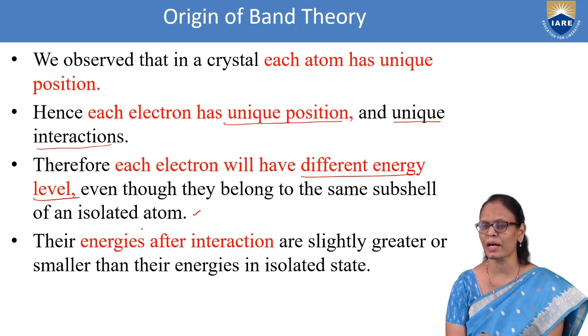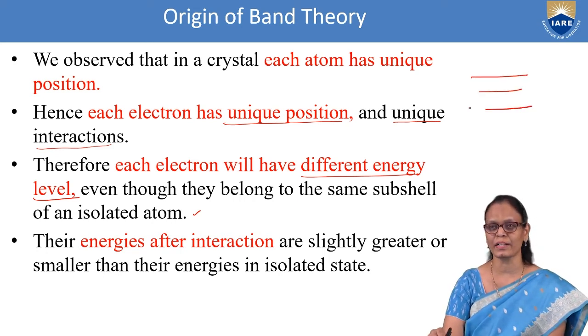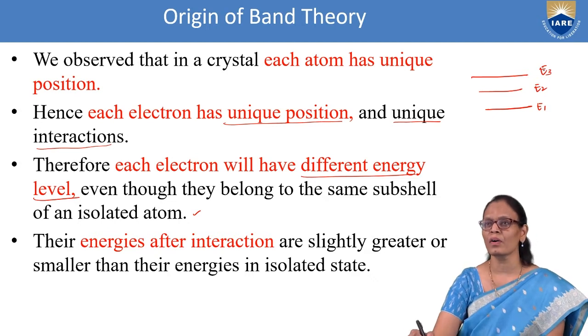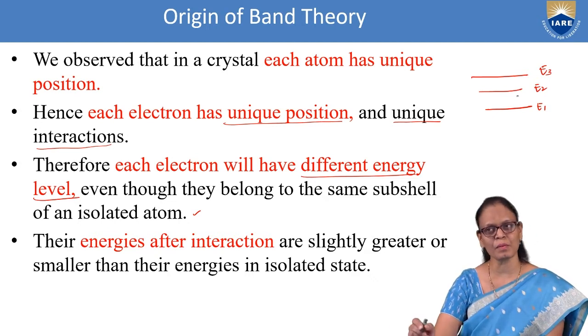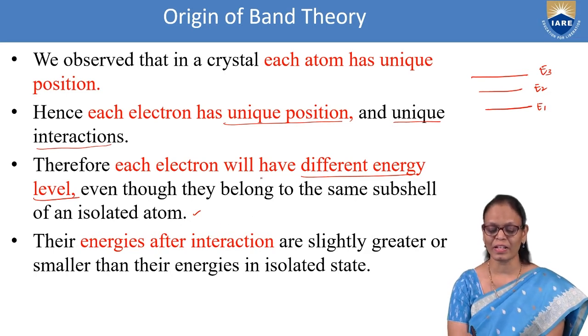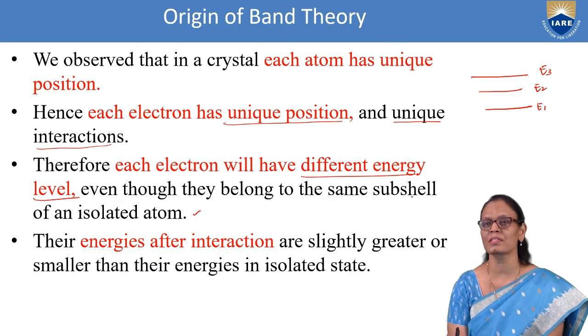When we talk about energy levels of one atom, this is E1, E2, E3 of the first atom. Now, if I take a second similar atom, the energy levels should be exactly matching. That is what we understand. But because of these interactions, they will have different energy levels, even though they belong to the same subshell.